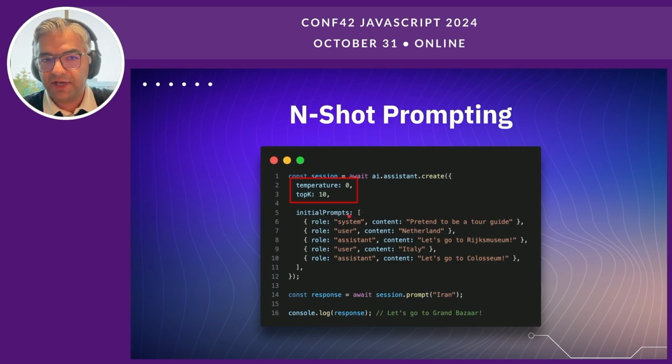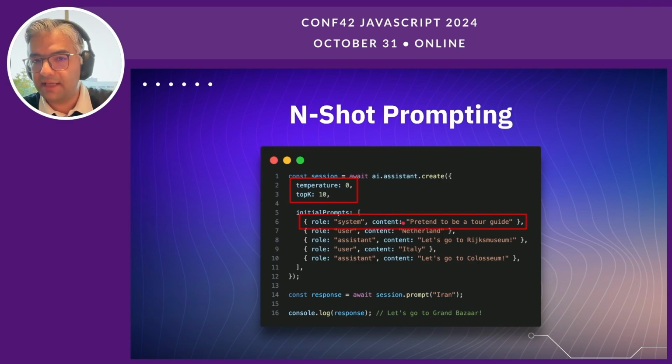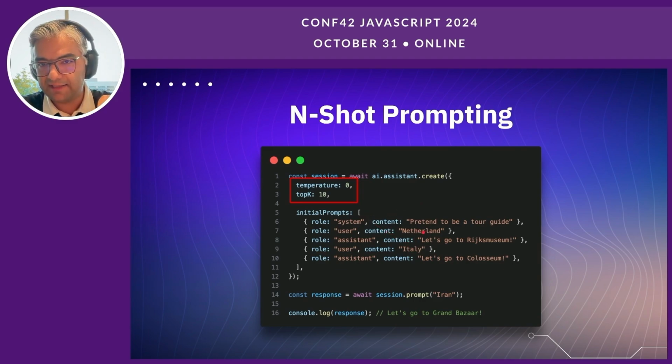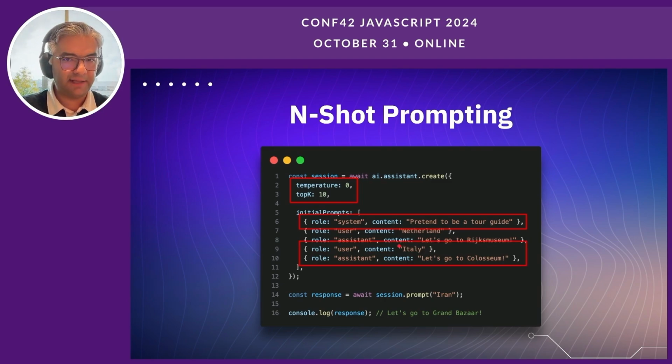And then I initiate some system prompts, some kind of persona. I give a persona to the system: pretend to be a tour guide. And then I give some examples. For instance, for Netherlands, if the user asks, the assistant says, let's go to Rijksmuseum. If I talk about Italy, say, let's do Colosseum. See, these are well-known museum and tourist places.